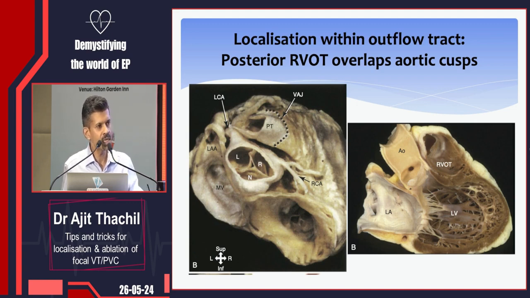So looking at V1 and V3, you can more or less pinpoint to these, and it is mostly accurate, but sometimes it might start from the middle here and decide to exit out somewhere else, or vice versa. It might start from here and decide to exit out here. So the localization is not perfect, but it gives you an idea where to start mapping. So it's important to understand this.